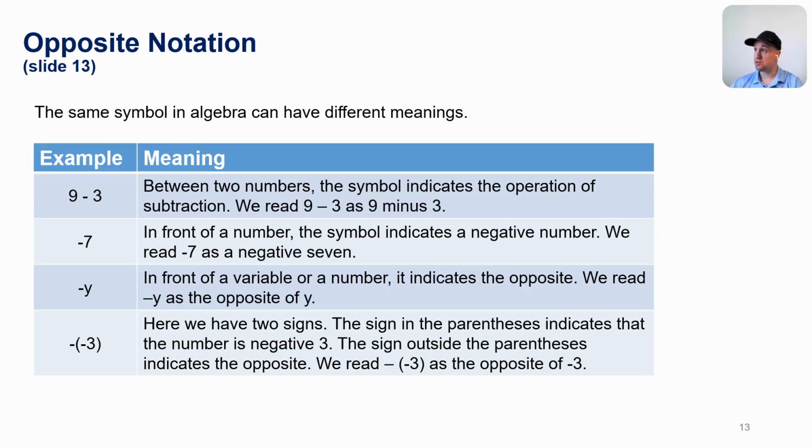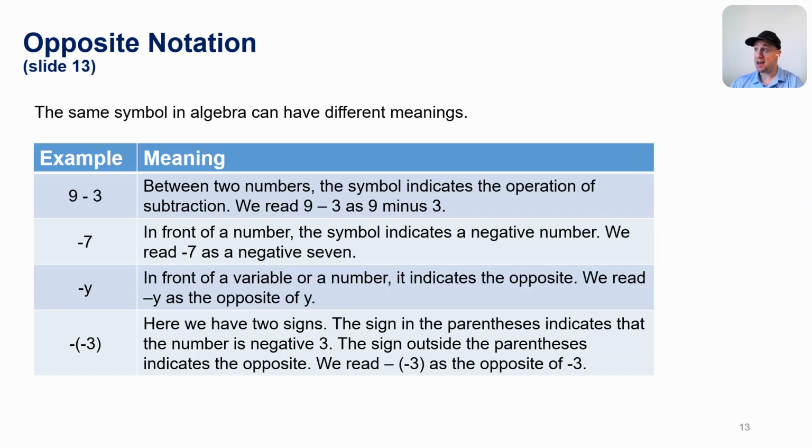So for example, the one we're most used to is if we had something like 9 minus 3, or maybe even something like 5 minus 2. In this case, the subtraction symbol comes in between two numbers. When they're between two numbers, the symbol indicates the operation of subtraction, which we would read as 9 minus 3, which is 6, or 5 minus 2, which equals 3, right?